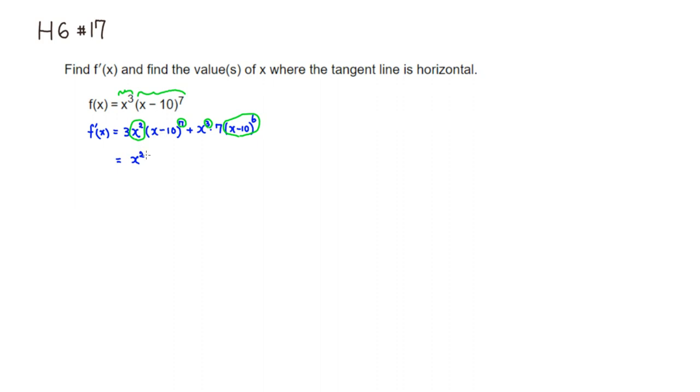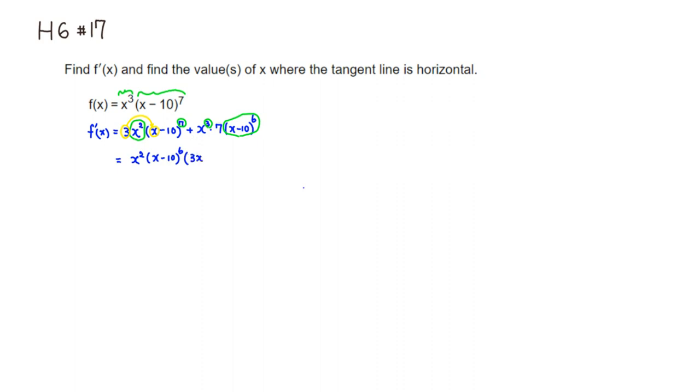So we have the quantity, let's use the blue here. Then we have x minus 10 raised to the 6th power. After that, we just have to collect the leftover terms. So we have 3 distributed to x, so we get 3x.